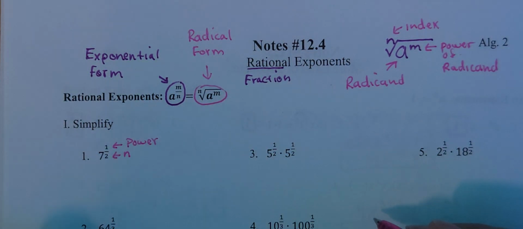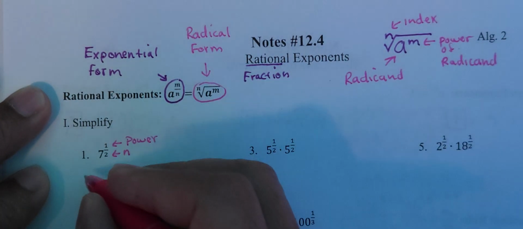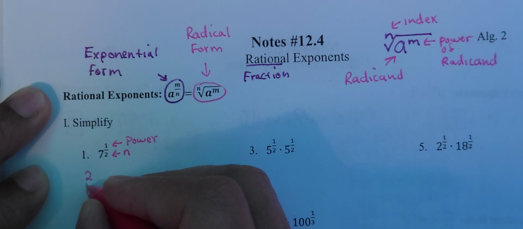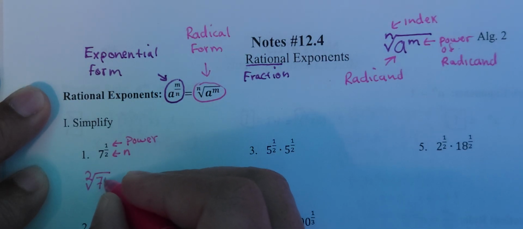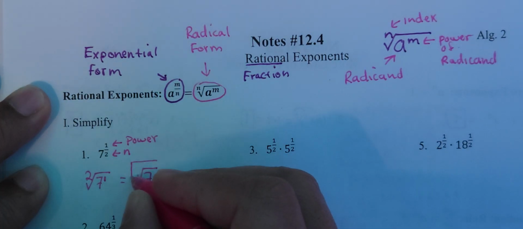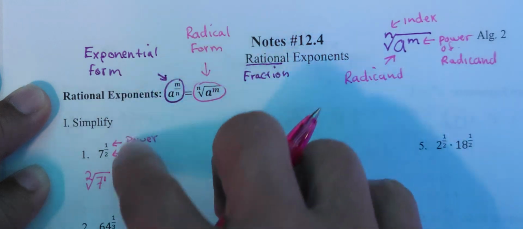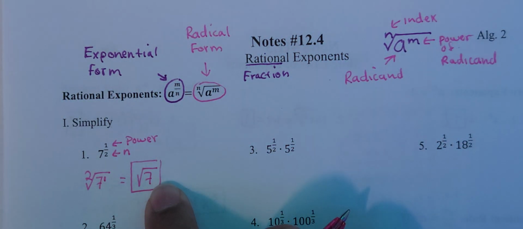So what we need to do is convert this to radical form. To do that, we just write down the index, which is 2. The index of the radical is 2, and this is 7 to the first power, which is the same as the square root of 7. All we did was convert from rational exponent form to radical form.